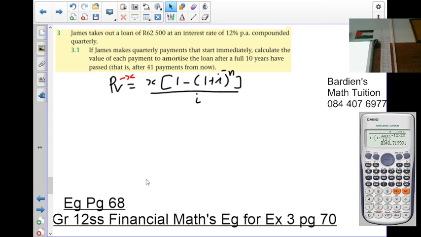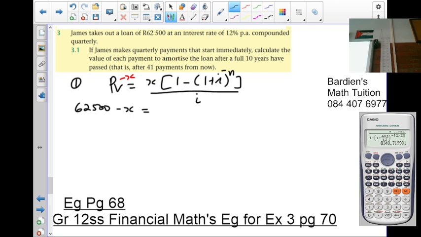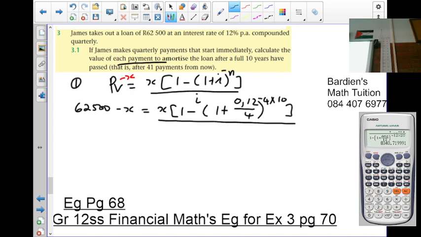So let's see. Your PV value, of course, is 62,500 minus x equals x into 1 minus 1 plus, your interest rate is 0.12 over 4, since it's compounded quarterly, to the exponent negative 4 times 10 years, all over i, which is 0.12 over 4.